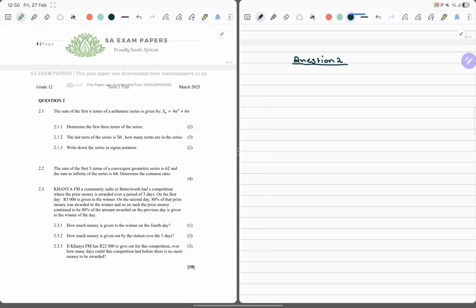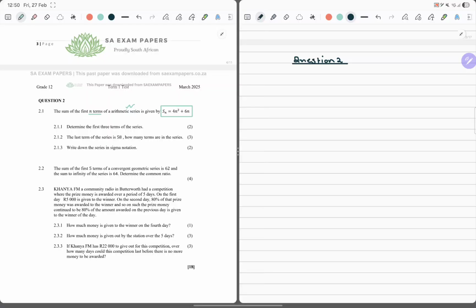So we've got question 2. Now question 2 tells us that the sum of the first n terms of an arithmetic series is given by this formula. Okay, now again, if you look at this question, I featured this on that video. So those who paid attention, again, another advantage.